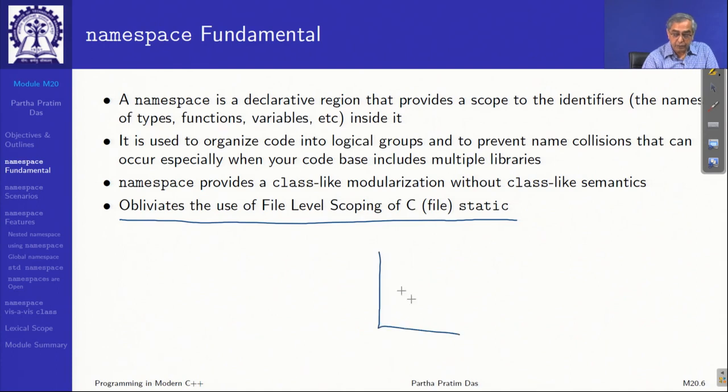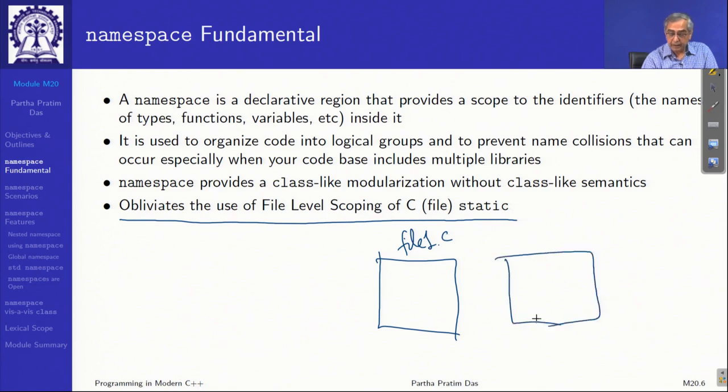So, if I have two files, say file 1.c, I have another file 2.c and I have int x here, then I can use this extern int x in a different file. So, what happens is this is meant to be a global variable which can be referenced here.